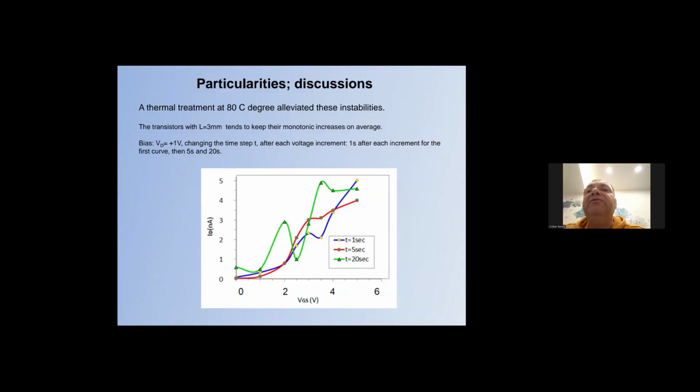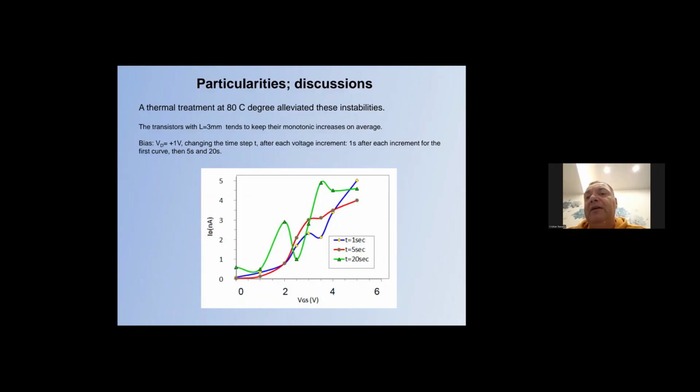And if we apply a thermal treatment at 80 degrees Celsius, we systematically obtained alleviation of these instabilities. So the transistor with a length of 3 millimeters tends to keep the increase of the current with the gate voltage applied on the bottom structure.